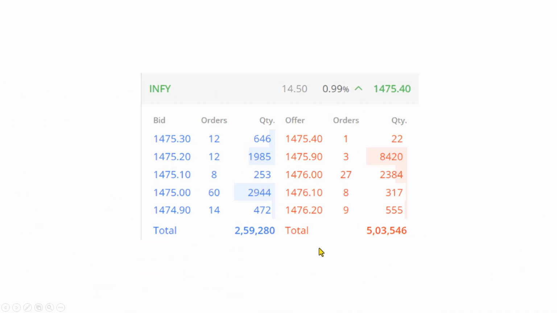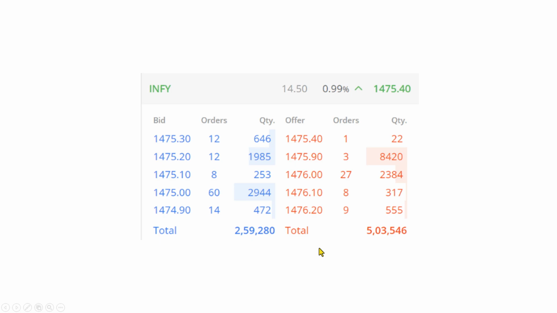So this is the screenshot of the market depth for Infosys. Market depth basically tells you how many buy and how many sell orders are waiting at different price levels in the market.